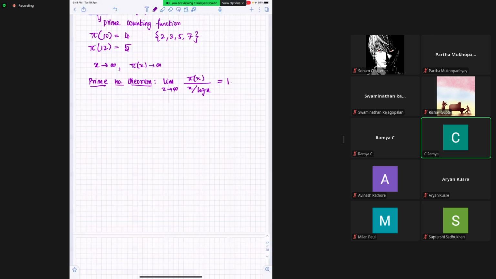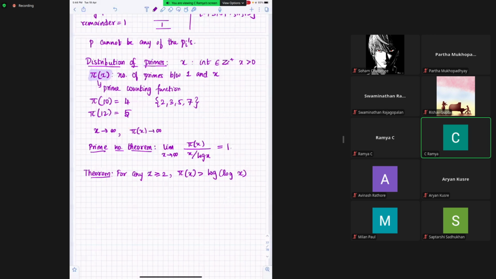So here is pi of x greater than log x, or maybe ln of x. Is this notion clear to everybody, what pi of x is and what we want to prove? We want to prove a lower bound on pi of x in terms of x.